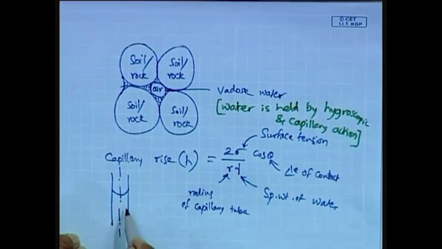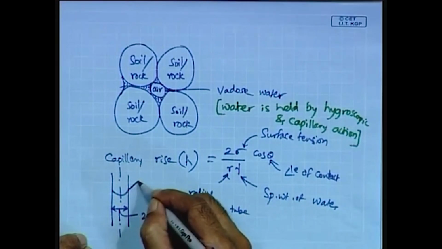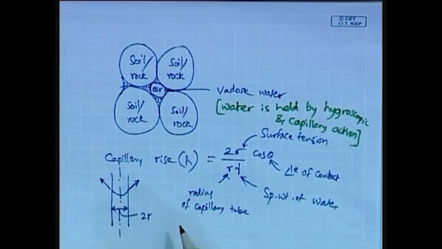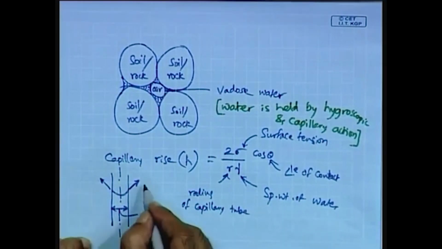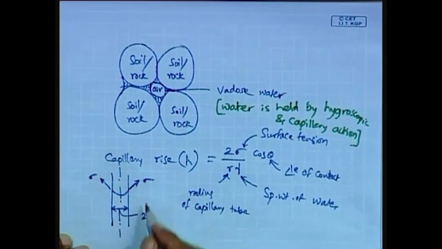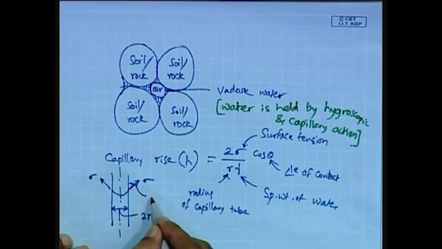This is the center line, and the diameter of the tube is given by 2r. This is the surface tension force, which is measured as force per unit length, and this is the angle theta.